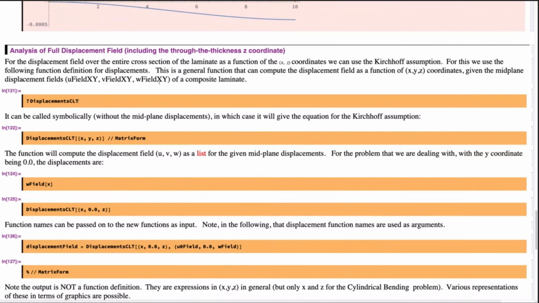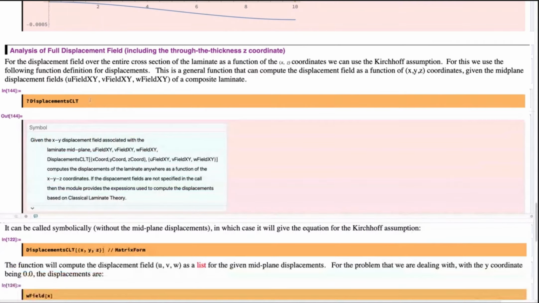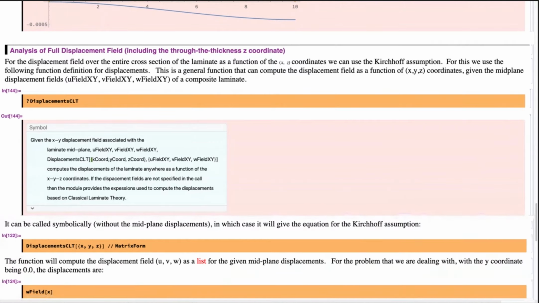And as it's bending, the displacements are actually changing through the thickness as well. So question mark CLT will explain what this will do, that given an XY displacement field associated with the midplane, it will compute the displacements as a function of X, Y, and Z and spit it out.